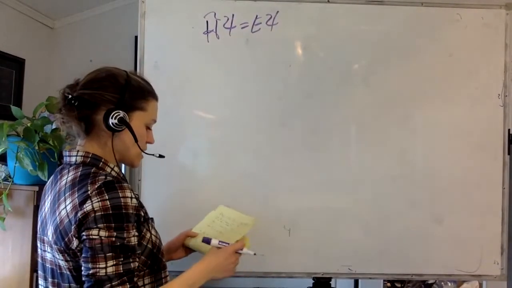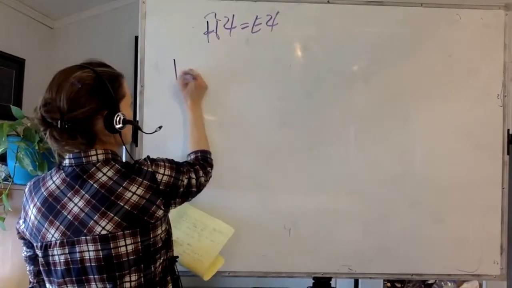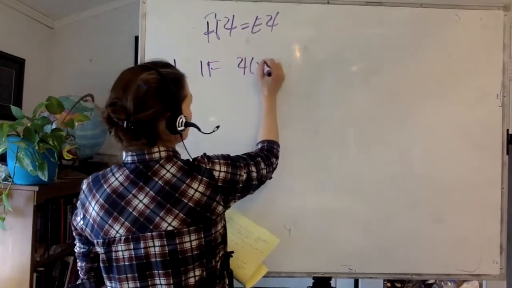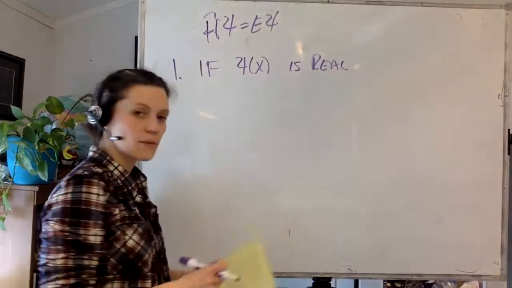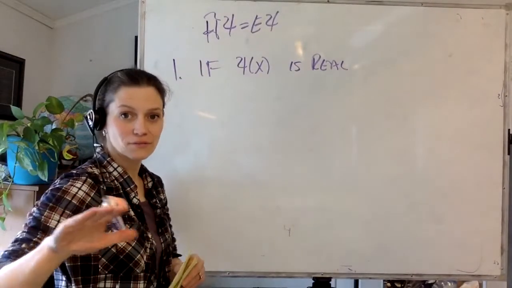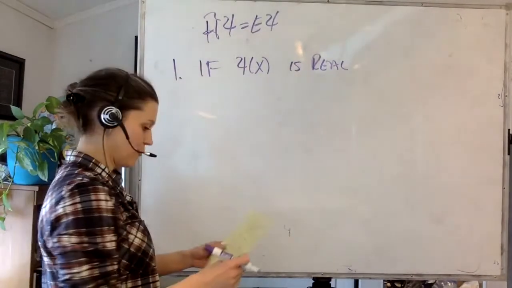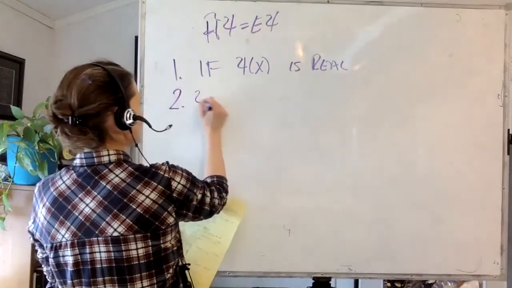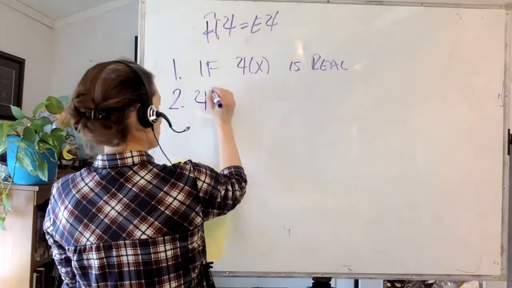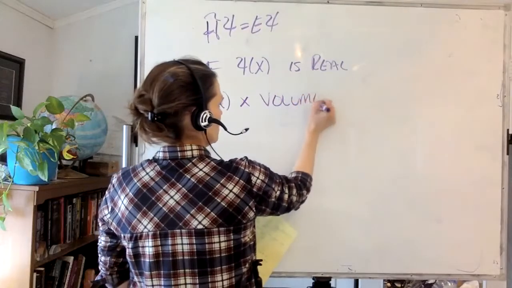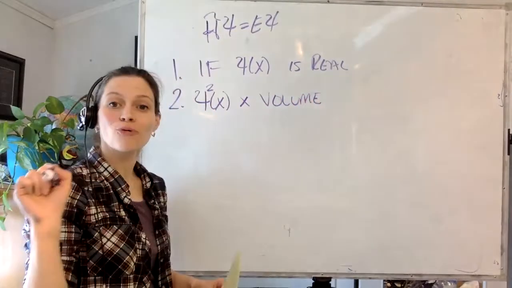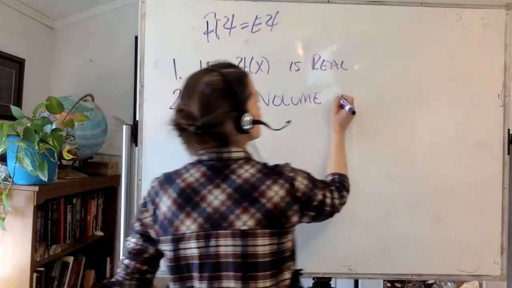Number one, psi of x is real, a real number, no complex numbers. Number two, psi of x squared times a volume is equal to the probability of finding the electron.